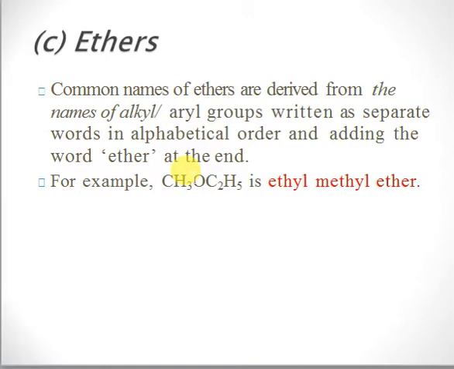They should not be written as a single word. So we have methyl and ethyl. Since E comes first in the alphabet, the name will be ethyl methyl, followed by ether in the end. So the name for this molecule will be ethyl methyl ether.